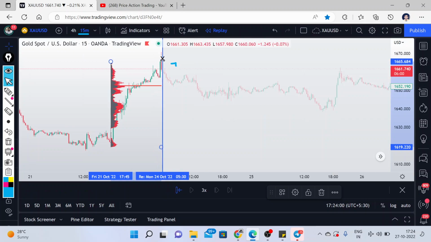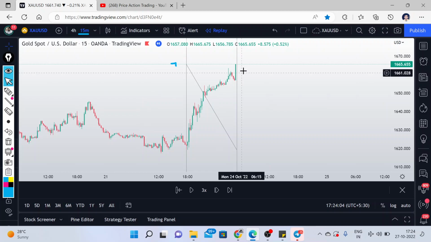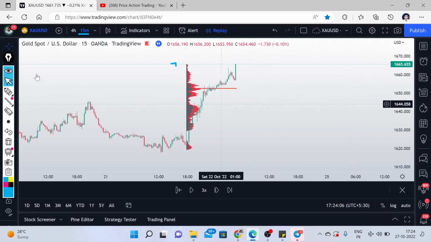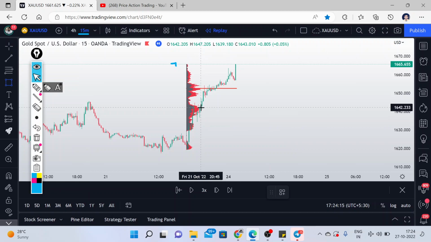Just forget about the price after this range. You just have to plot the levels like this. This is the highest price level, just mark down this area like this.